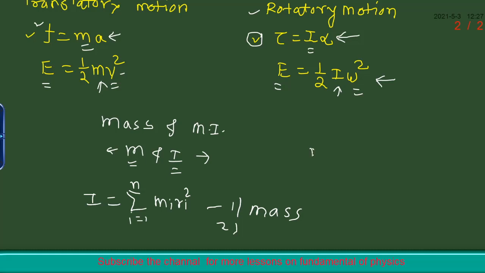See, mass in translatory motion depends on only mass, but in rotatory motion this inertia depends on mass and also distances of this mass from axis of rotation. This is the physical significance of moment of inertia.